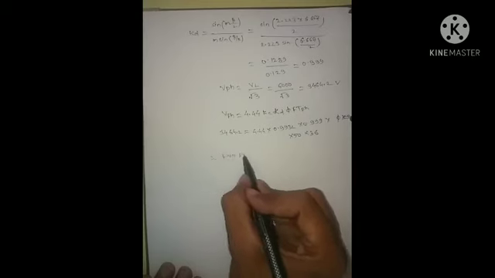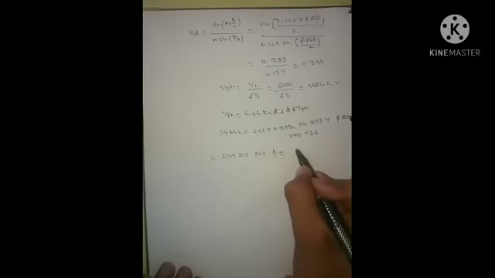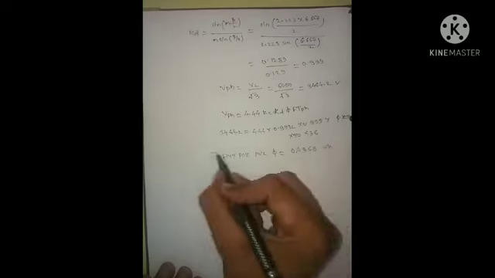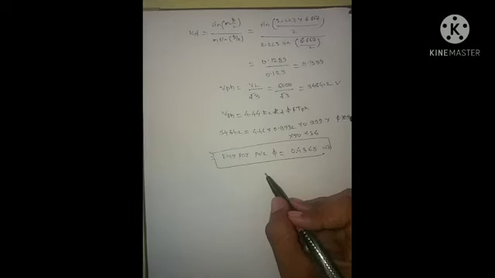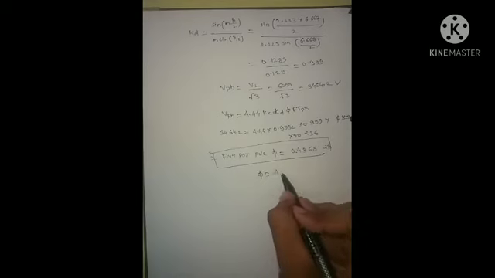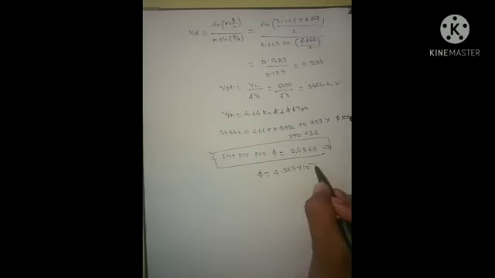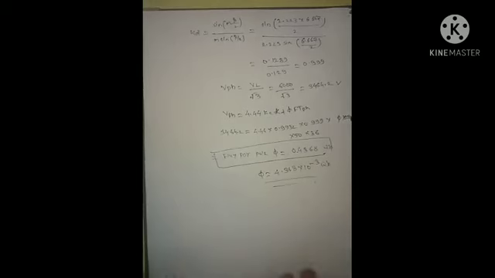So the flux per pole phi equals 4.368 into 10 raised to minus 3 Weber. This is our final answer.